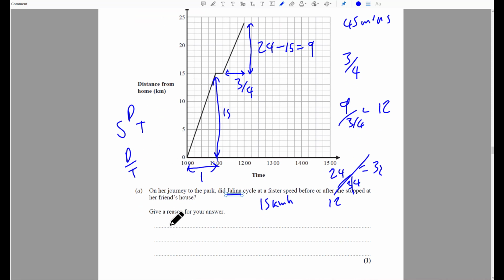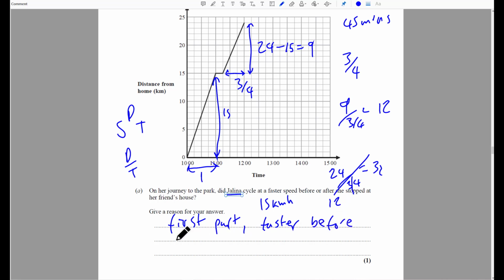So, oh, it's not first part, it's faster before. So faster before, answer in the context of the question.